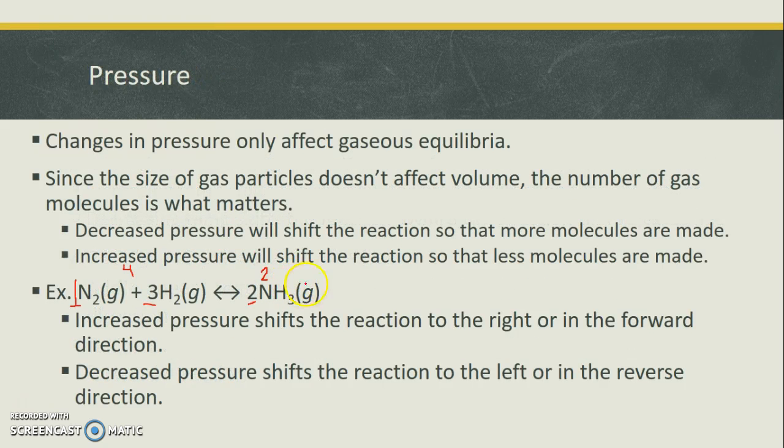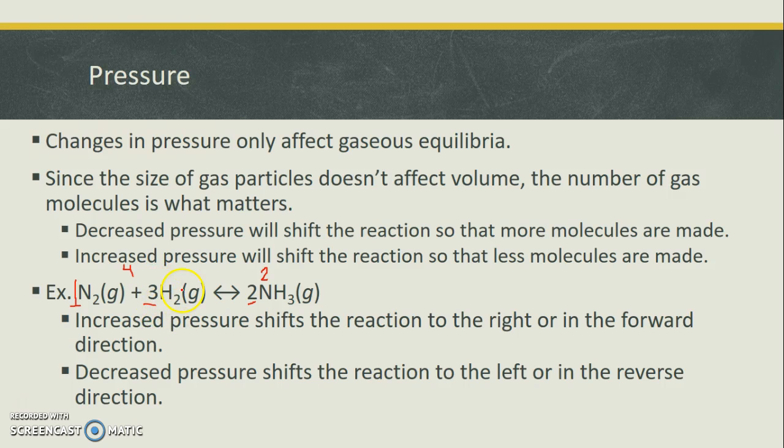And then we have pressure. I've already written on here too that if you change pressure, this only works for things that are gases. If you have gases, the amount of the gases is the only thing that matters. Because remember, we assume that all of the gas particles will take up 22.4 liters for every mole of gas, because basically they're so far apart that it doesn't matter what the size of the particles is.